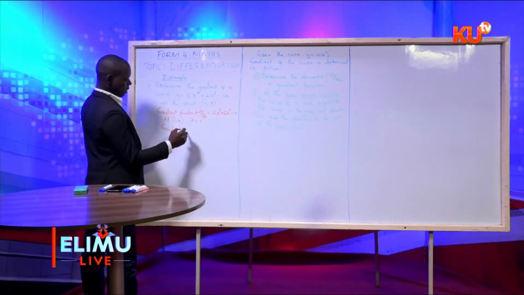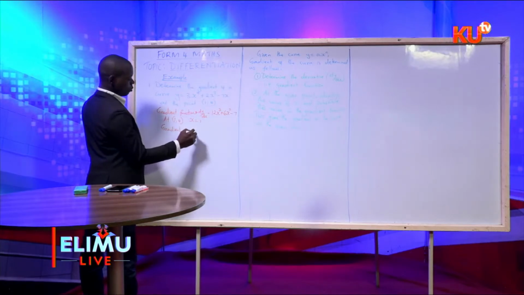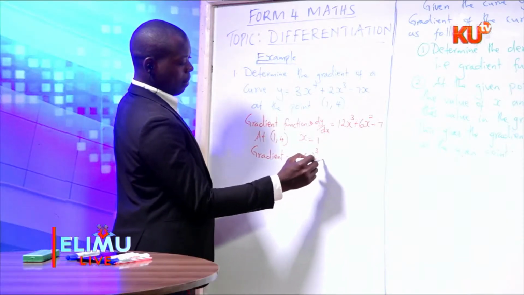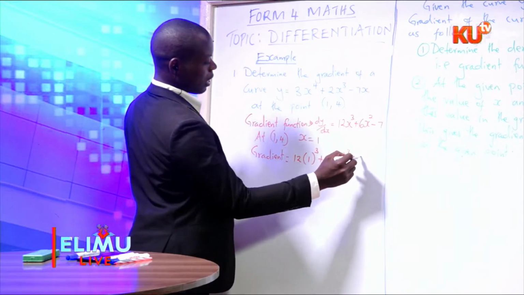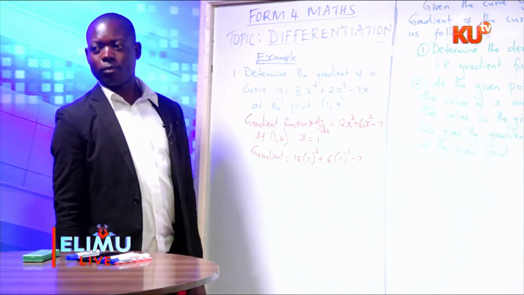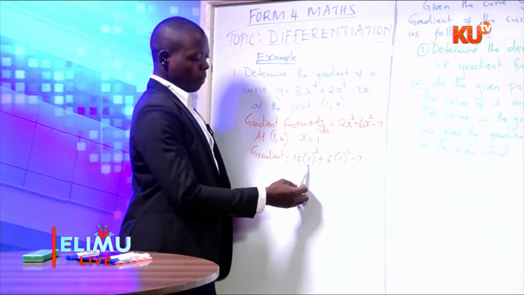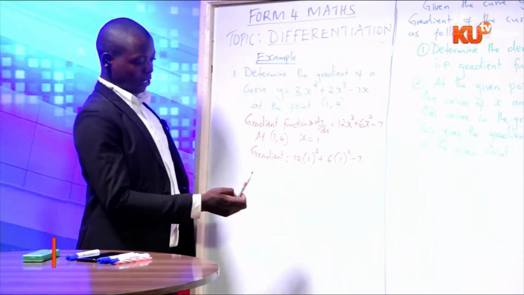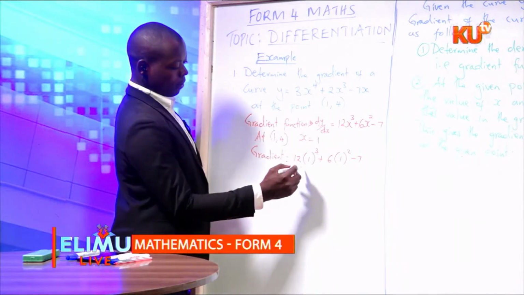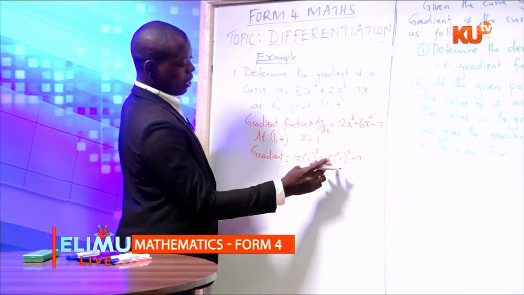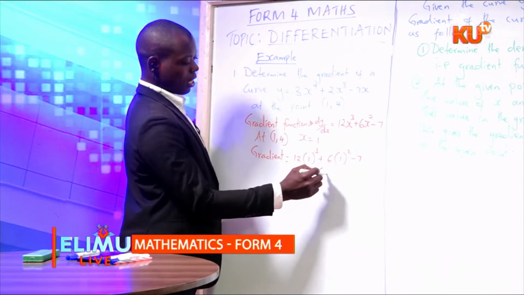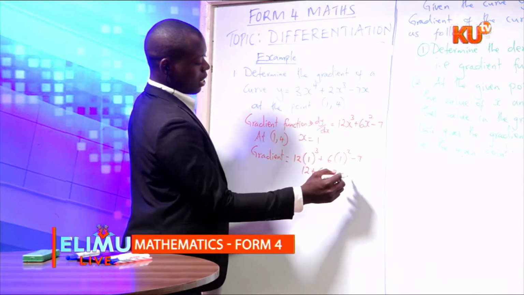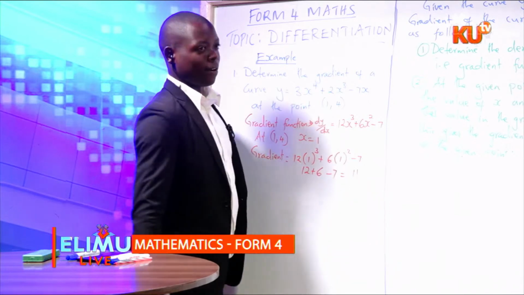That will mean 12 into 1 power 3 plus 6 into 1 power 2 less 7. Students, what is 1 power 3? That's 1 times 12, this is 12. Add 1 power 2 is 1 by 6, 6, less 7, and the answer is 11.